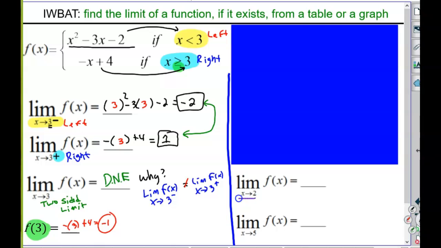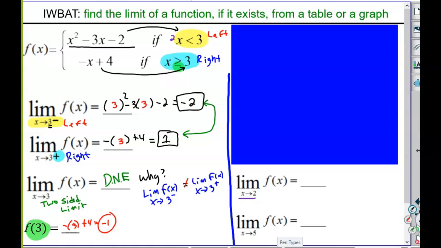Notice, these are both two-handed limits because there's no plus or minus, so both sides have to meet. But it's saying x equals 2. Well, if x equals 2, is 2 less than 3 or greater than 3? Less than. So that means that I would have to use the left-hand equation.